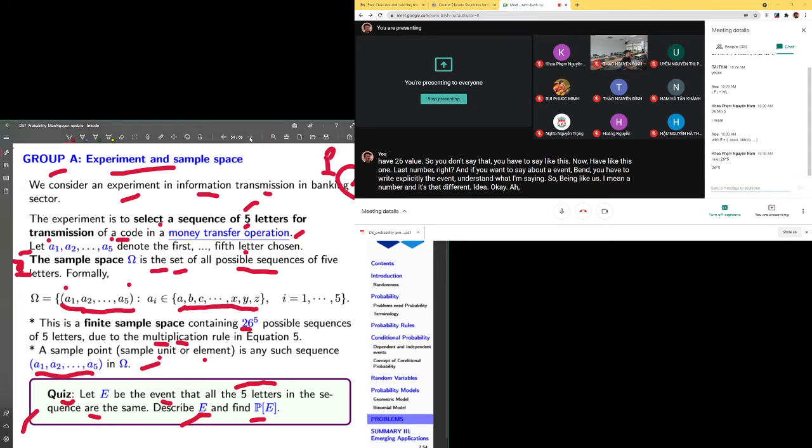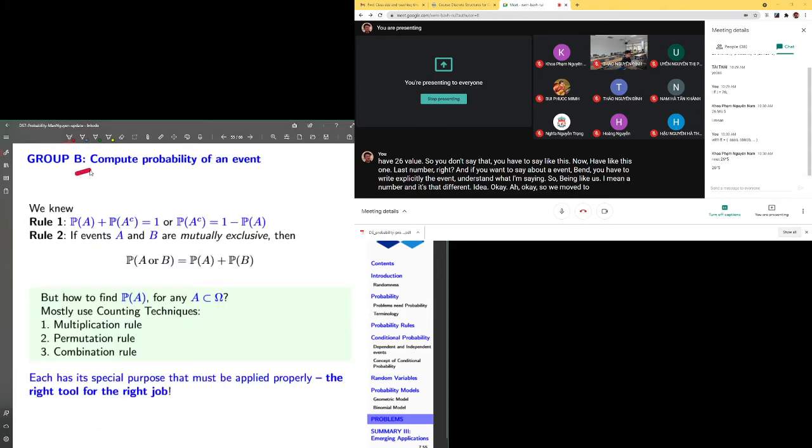Okay, so we move to group B, where you want to compute the probability of some event, and I recall to you the complement rule, the union rule in the case A and B are disjoint. So you want to do something in the generic case like this one.